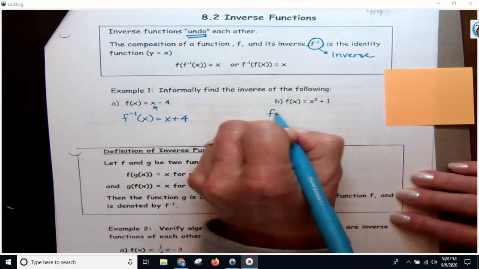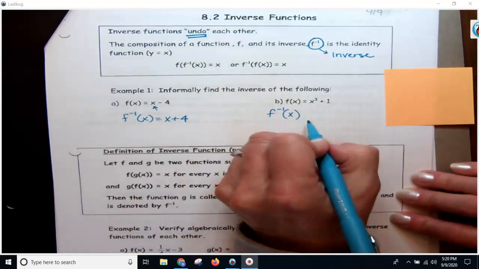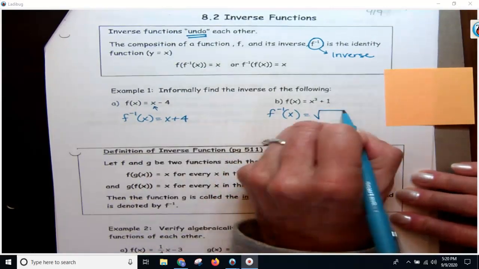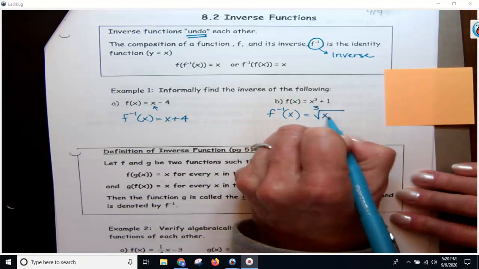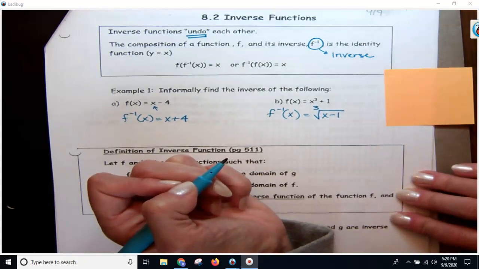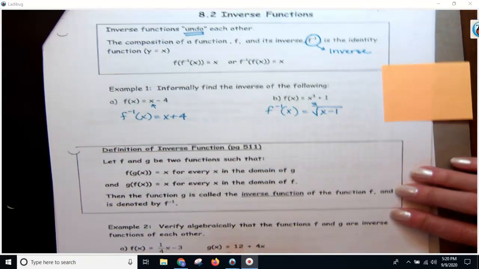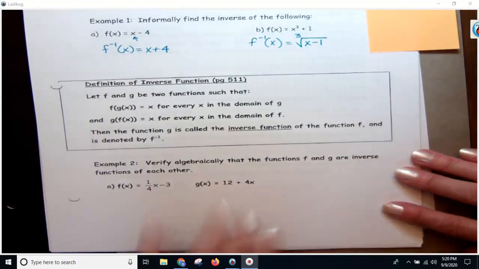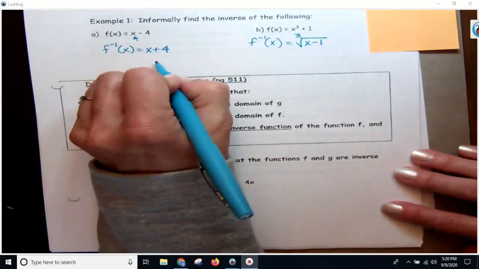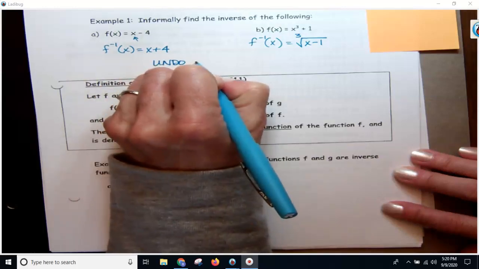So to undo that, we would basically take the cube root and subtract 1. Do I expect you to know this? No. I'm going to show you how to do this algebraically, okay? So here we go. That is kind of what we're doing. So you basically are trying to undo the function.